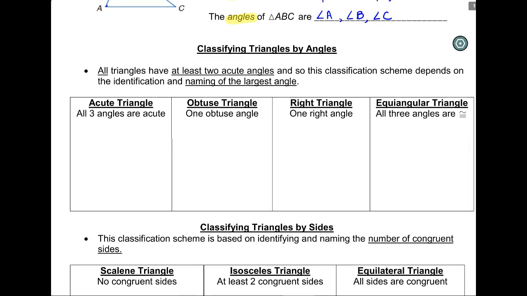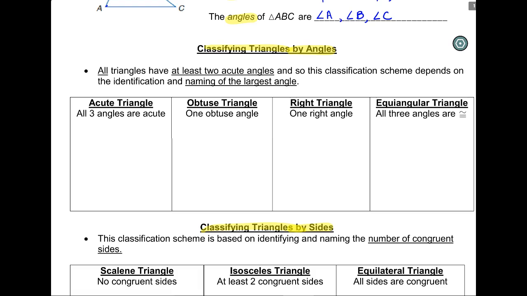So let's talk about identifying different triangles first. We classify triangles two ways, by angles, and then by their sides. Usually when we classify a triangle, I want two words to describe it.